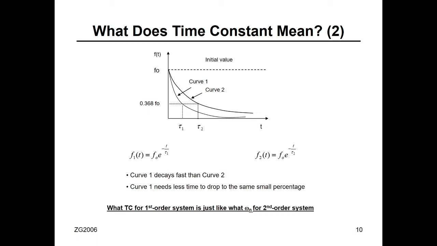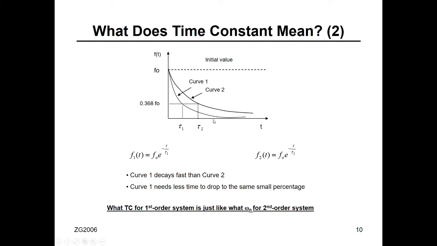How important is this? In first order systems, for example, if you have a thermometer, you are in the clinic or you want to see the doctor. A thermometer is a first order system. The reading of the temperature of a thermometer is a first order system.